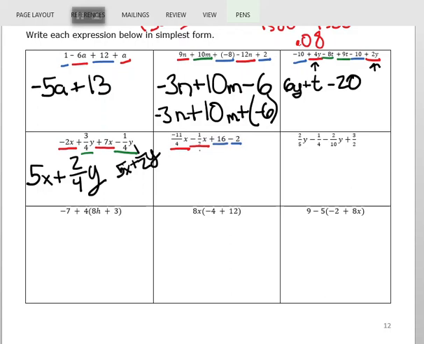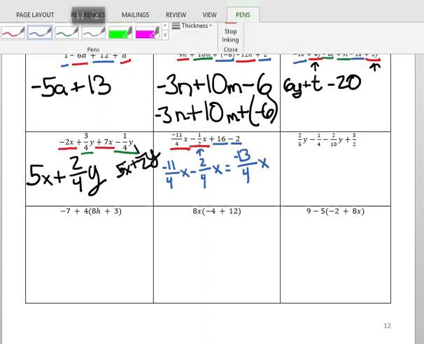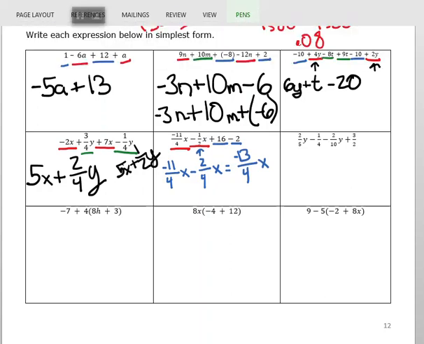I'm going to turn the 1/2 into 2/4 so that I'm working with negative 11/4 x minus 2/4 x. Okay, so then I have negative 11 minus 2 is going to give me negative 13. So that's going to give me negative 13/4 x. Okay, and then when I combine my 16 and my negative 2, that's going to give me 14.